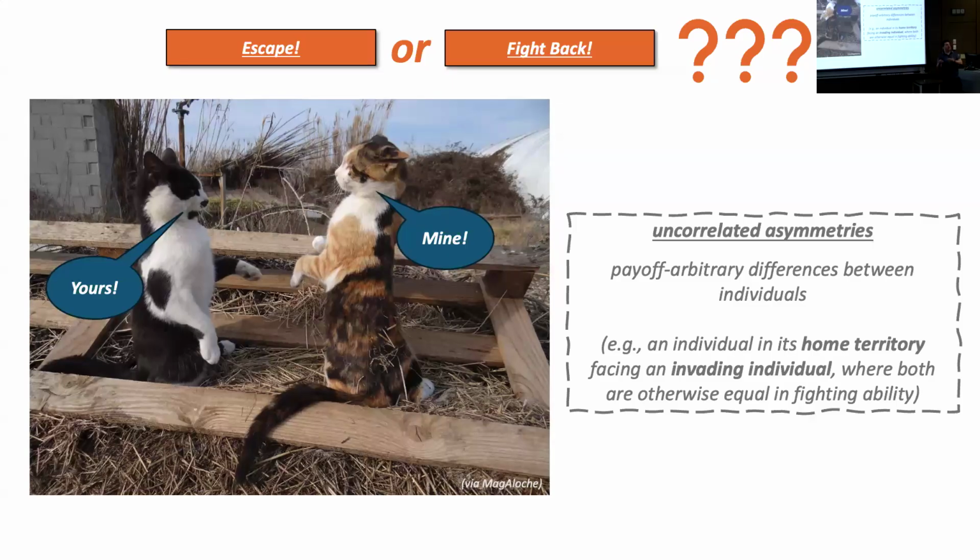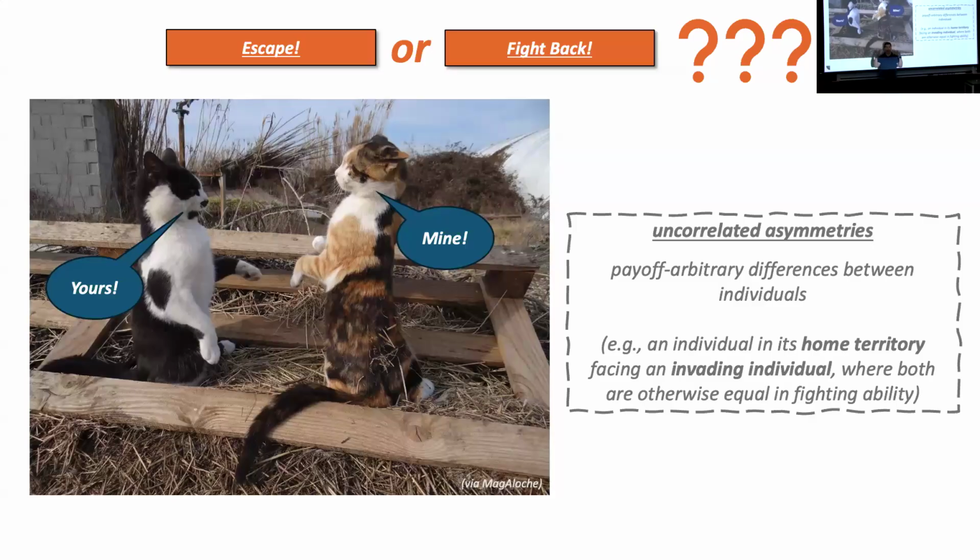So that's another way you can break these symmetries. So correlated and uncorrelated asymmetries. Whenever we see these examples where two animals come up together and we notice sometimes animals back off and sometimes animals fight, those are the questions we ask. Those are the hypotheses we test. Is there a correlated asymmetry or is there an uncorrelated asymmetry that breaks the symmetry between these, that explains why this animal tends to fight and this animal tends to not?